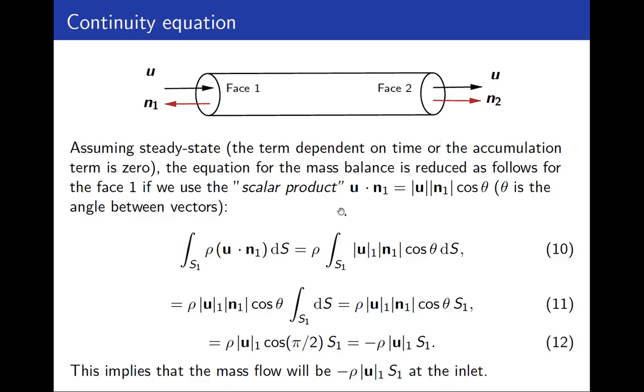If you remember your linear algebra or basic calculus lectures, the scalar product, the interior product, can be expressed as the magnitude of the vector u multiplied by the magnitude of the vector n1 multiplied by the cosine of theta, where theta is the angle between these two vectors.